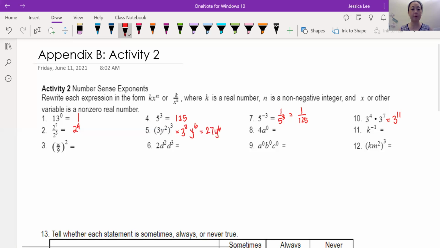And some of you may be wondering, how come, Mrs. Lee, sometimes you leave it as an exponent, and sometimes you just simplify it, like 5 to the 3rd power? When do you do that? If it's something like number 10, where it's a really big number, we'll let you just leave it at 3 to the 11th. We're practicing these power and exponent properties.